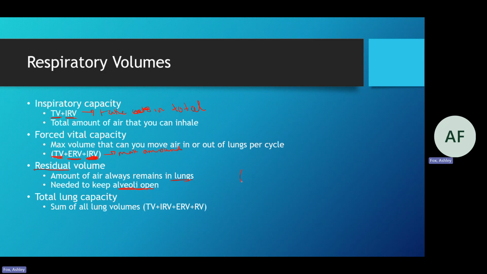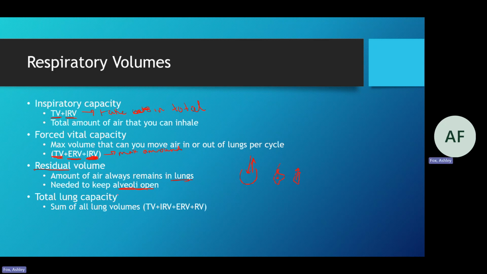We want our alveoli to stay open so that air can easily flow in and out. If after we expire there's no air in them, then your alveoli are going to collapse on each other, kind of smush down. There's a lot more difficulty in getting air into and out of an alveolus that's smushed down versus one that has a wide opening. So that's why you maintain at least a little bit of air. It's not tons, but a little bit of air in your lungs.